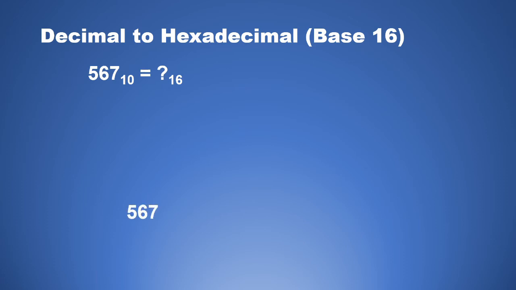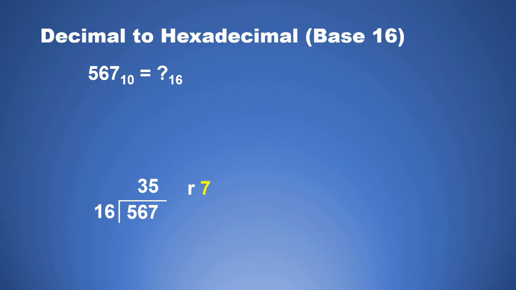So we start from the given number, 567, and if you remember, the method will be to divide it by a target base. Our target base is 16. So 567, we divide it by 16. So when we divide, recalling short division in mathematics, we will get the quotient 35 and remainder 7.